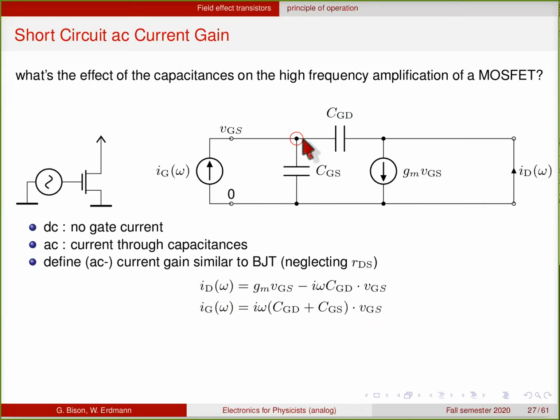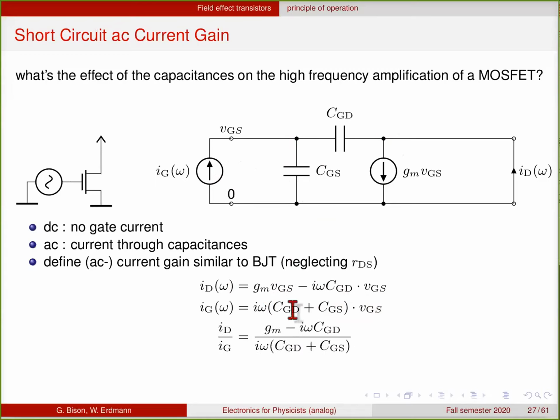We also need the current balance here, and there the current from the source simply flows to these two capacitors in parallel. So we have i omega times the sum of the two capacitors times the gate source voltage.